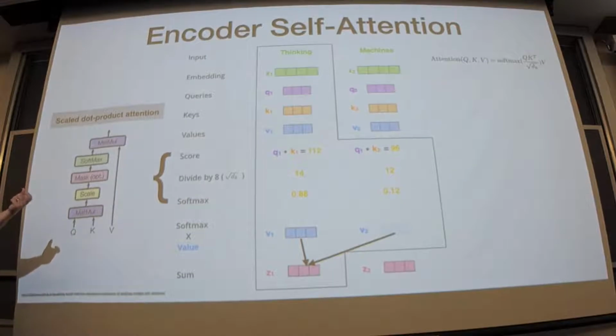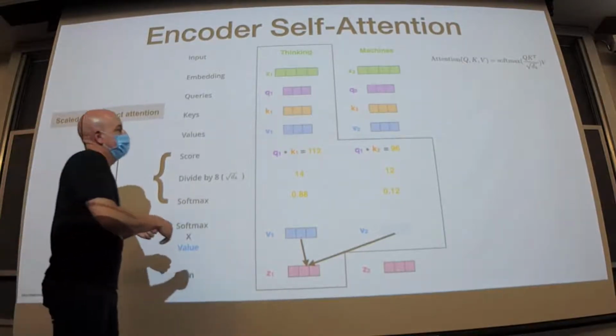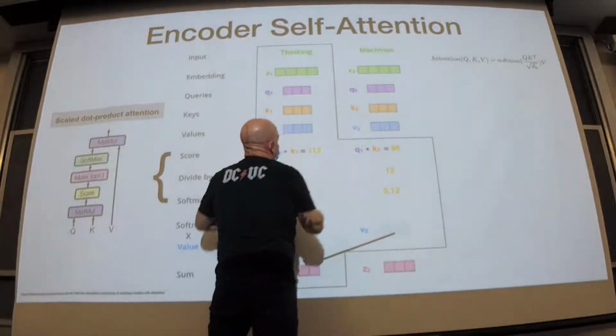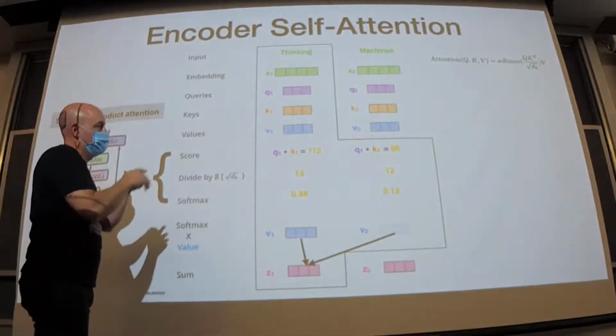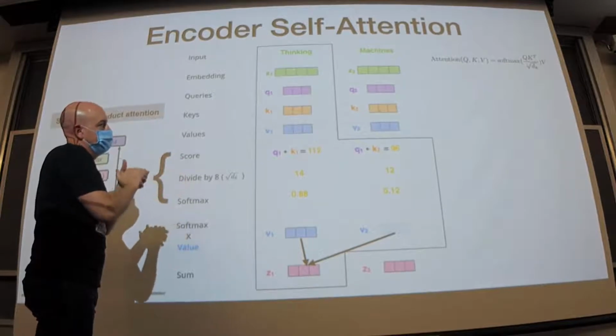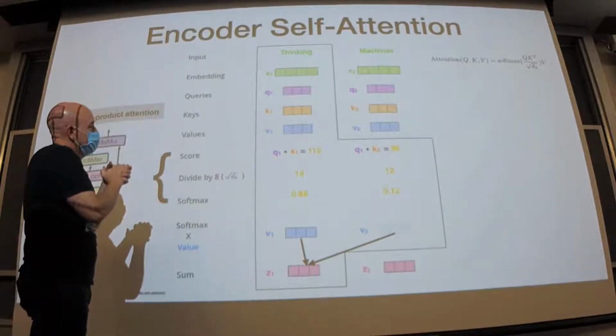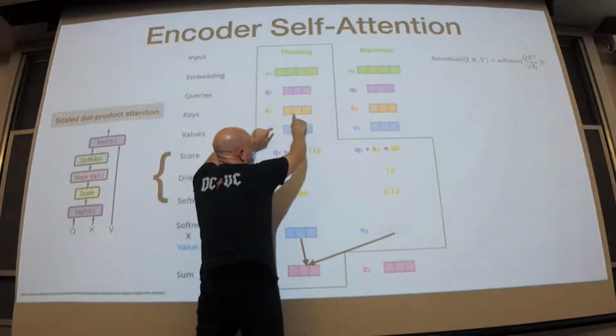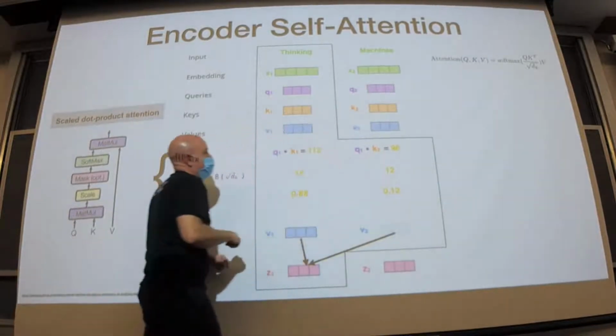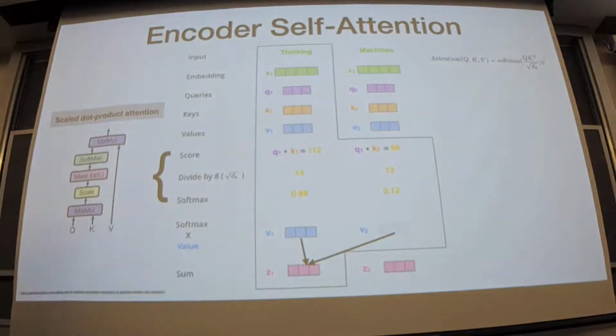Now that's going to give us coefficients for how we're going to combine all of the value vectors. So remember before when we looked at the original attention, what we did there was we would have just used these keys again to retrieve the value.